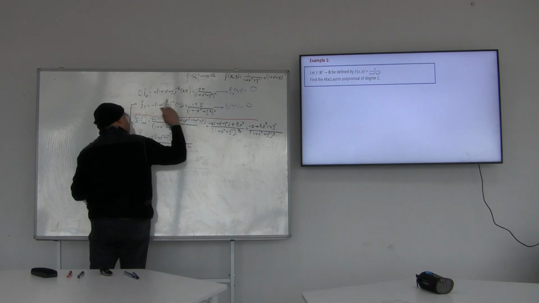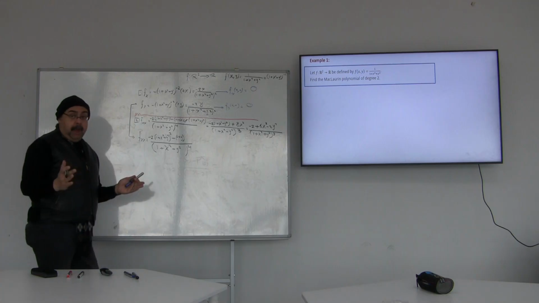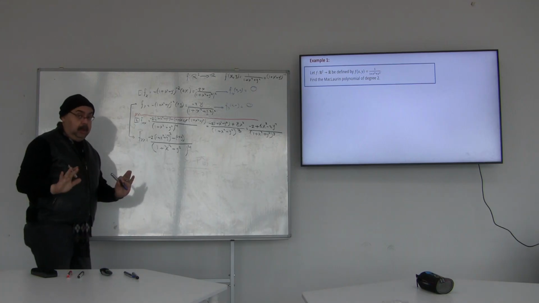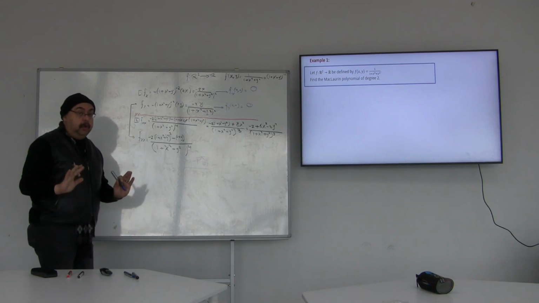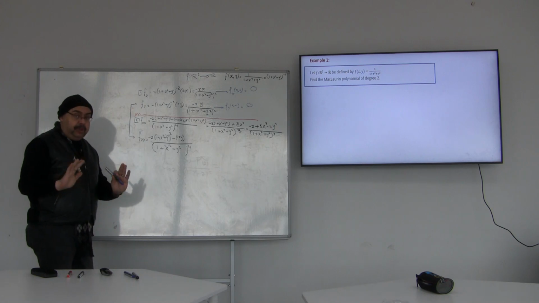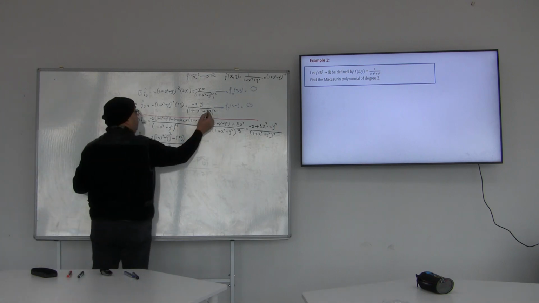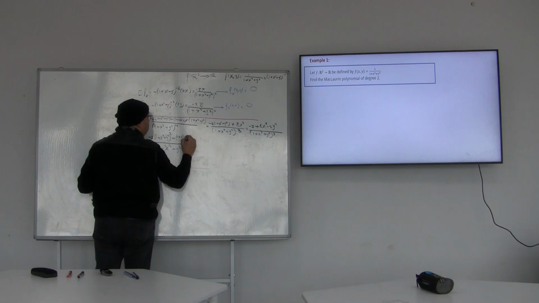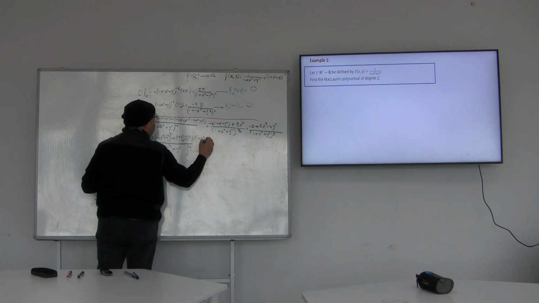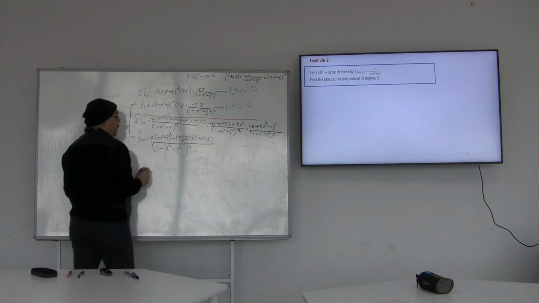And once more, differentiate your denominator the way you are used to. Don't forget that we are differentiating with respect to y. So it's going to be 2, times 2y, times (1 + x² + y²). That's the derivative of the denominator.